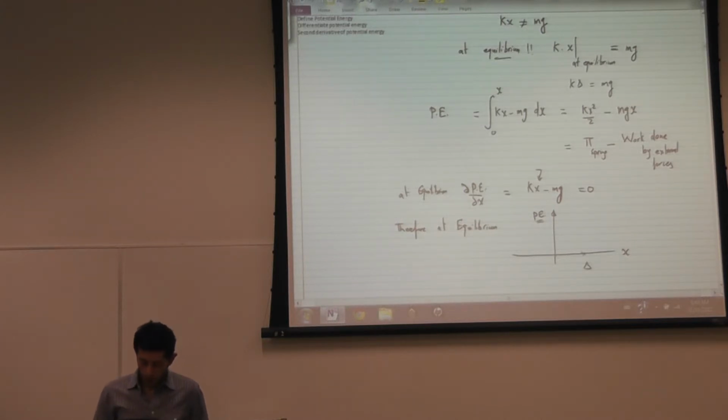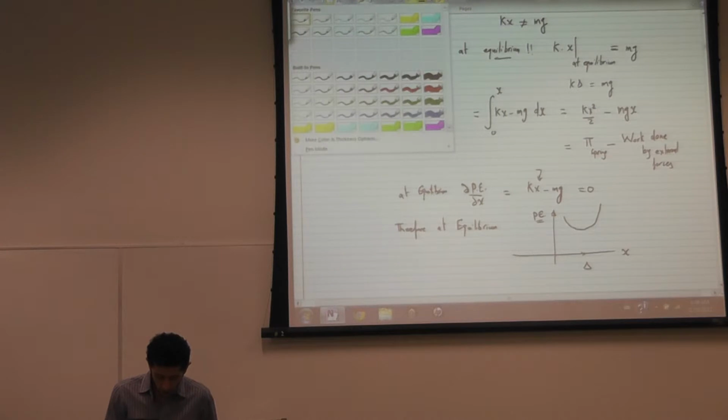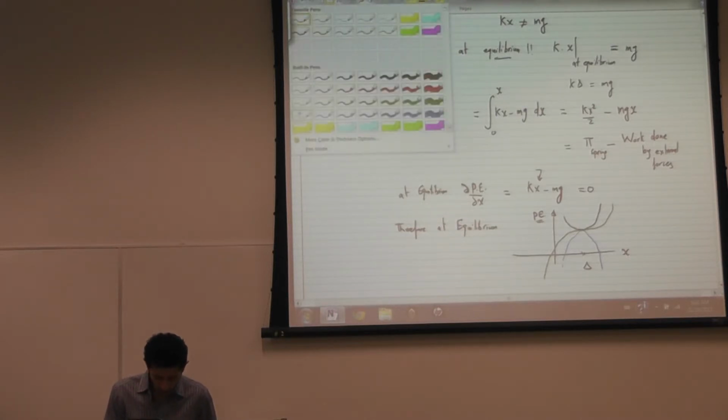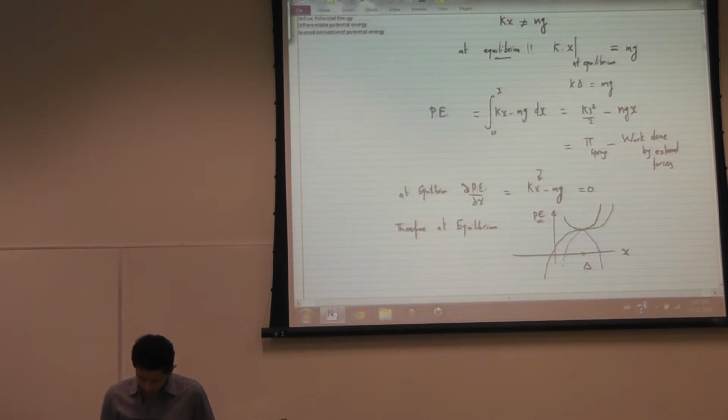Either the potential energy looks like this, or looks like this, or looks like this, or even constant. One of these.